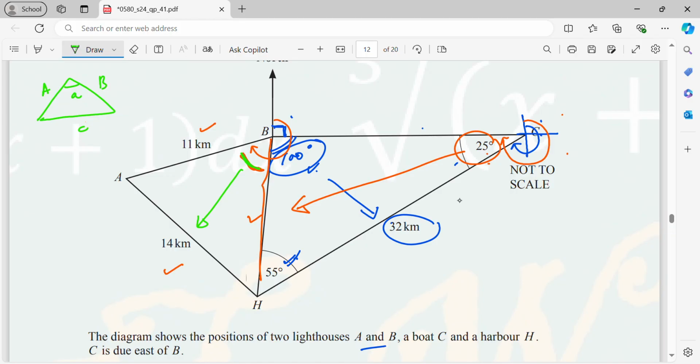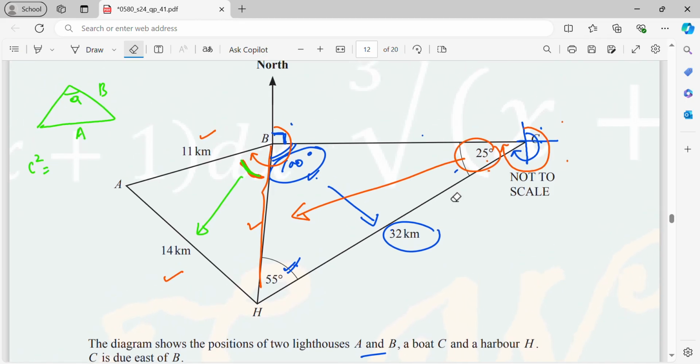Here is c, this is capital C. So here I'll get a squared equals b squared plus c squared minus 2bc cos A. Alright, that's why I can find this angle.